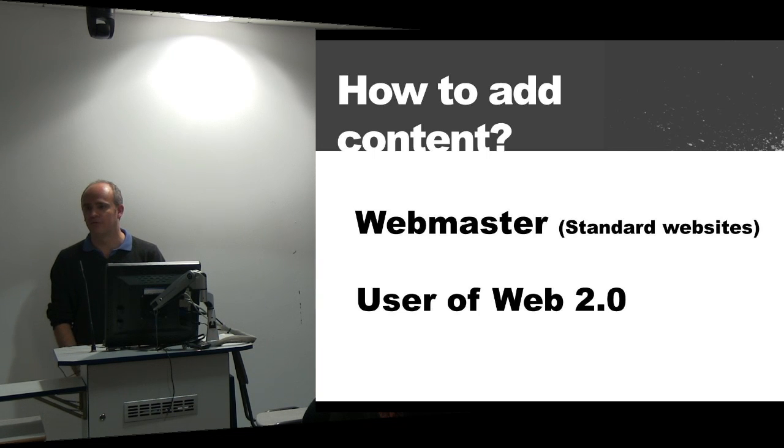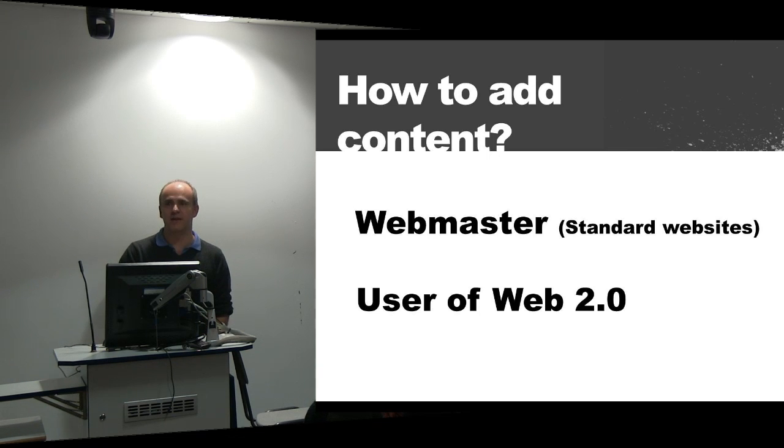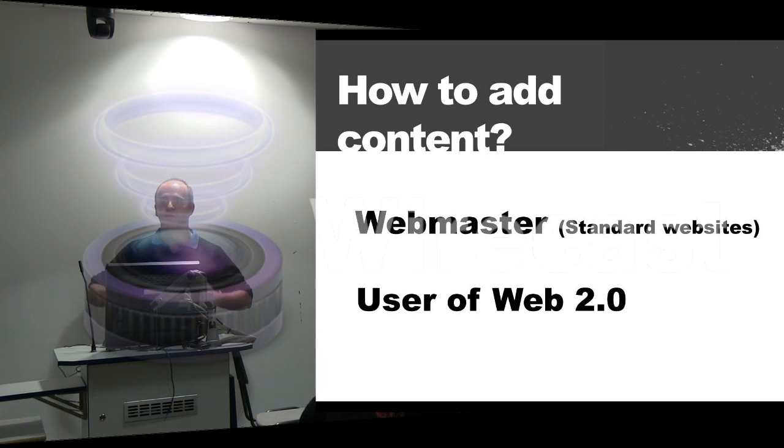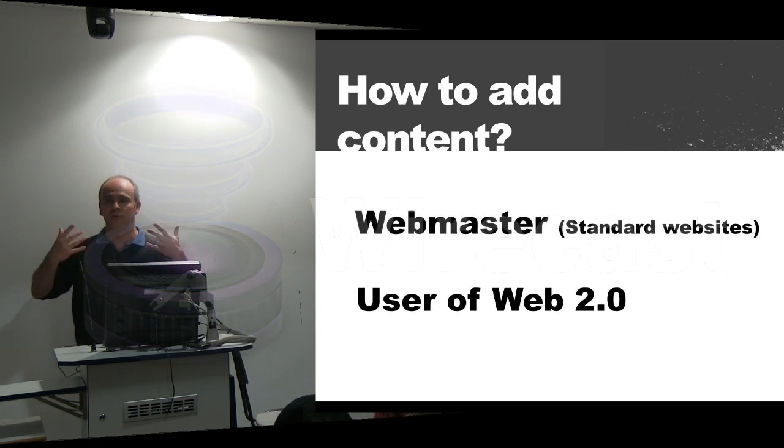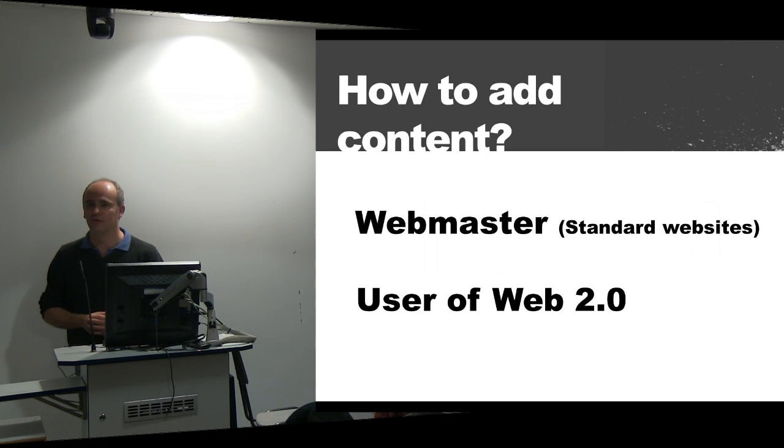You are all using Facebook, Twitter, and the others. If you are doing that, you are using Web 2.0. You are able to post new information on the web. That's Web 2.0. Web 1.0 is only the webmaster is able to put some new information on the website.